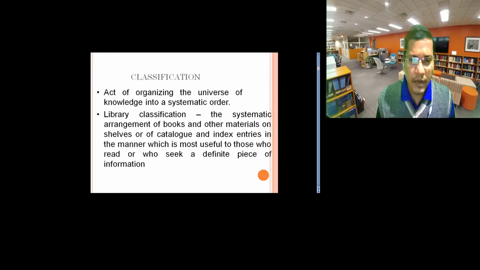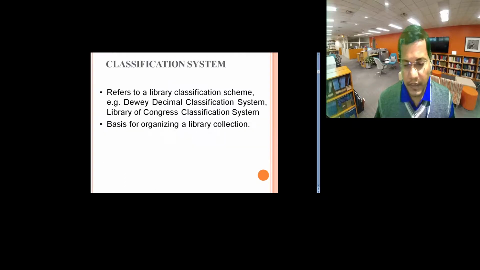Library classification, on the other hand, is the systematic arrangement of books and other material on shelves, or of catalog and index entries, in the manner which is most useful to those who read or who seek a definite piece of information in a library. So these are the definitional aspects of two things: one is classification and another is library classification.